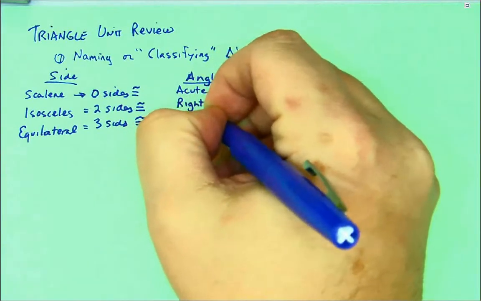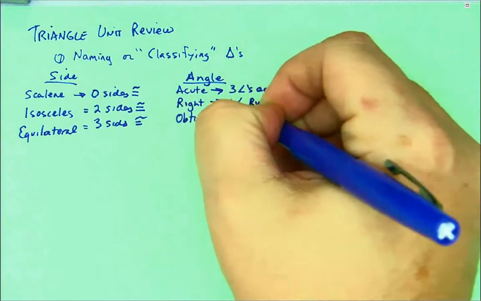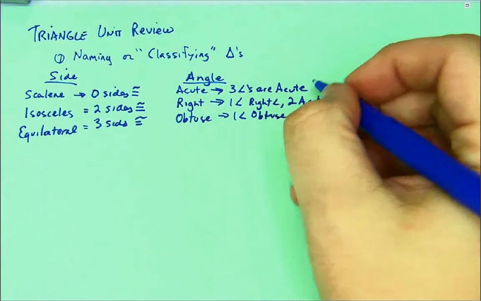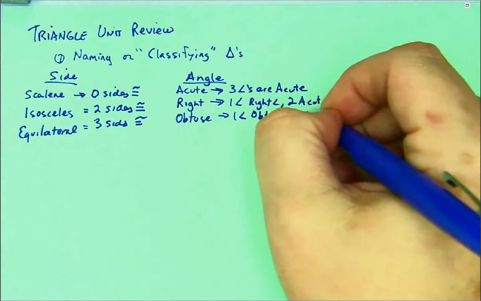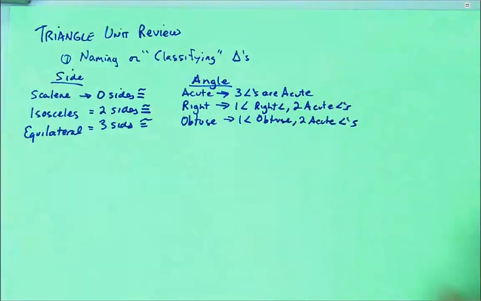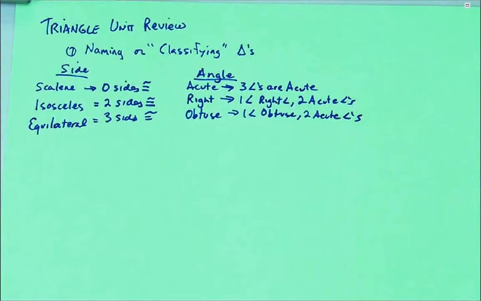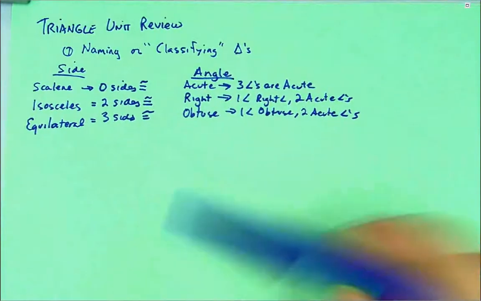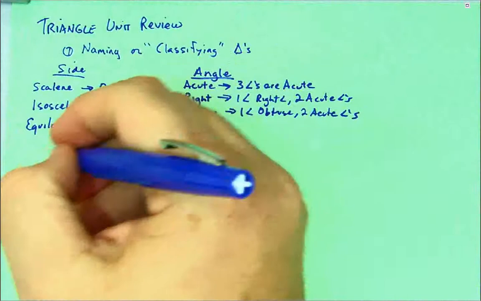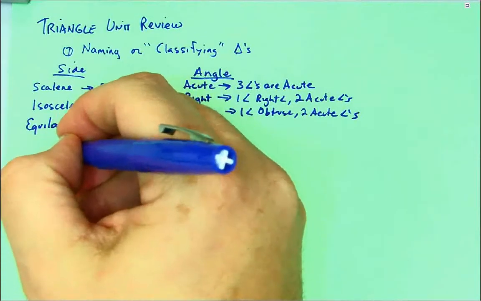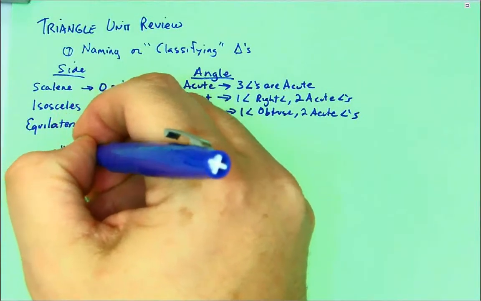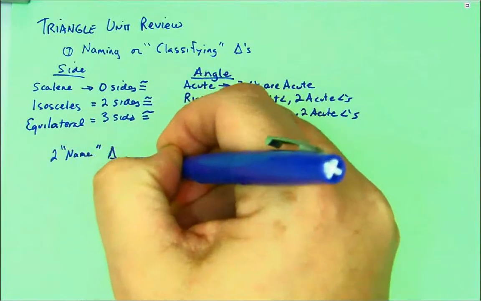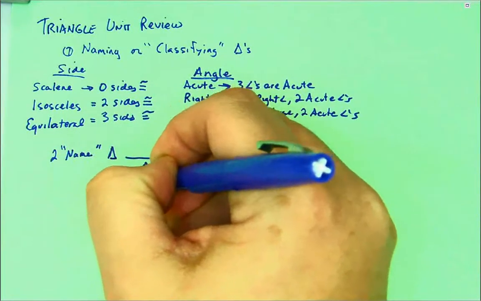And obtuse, where 1 angle is obtuse. 2 are acute angles. So when we classify this, we have to figure out either what the angles are or what the sides are. Normally, if we give name triangle, it's the angle classification.